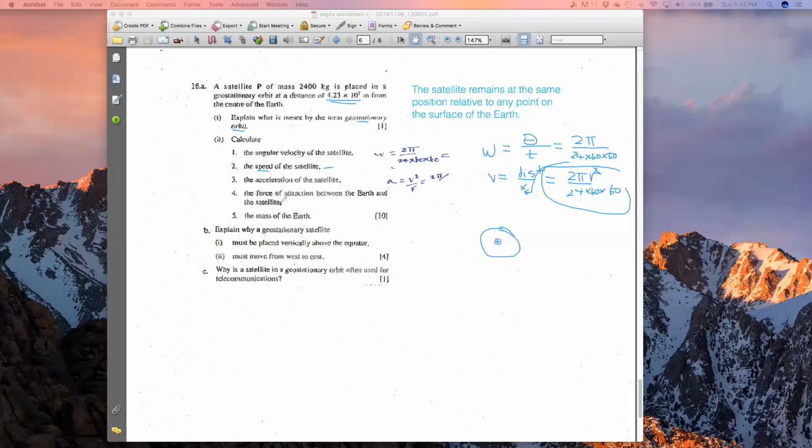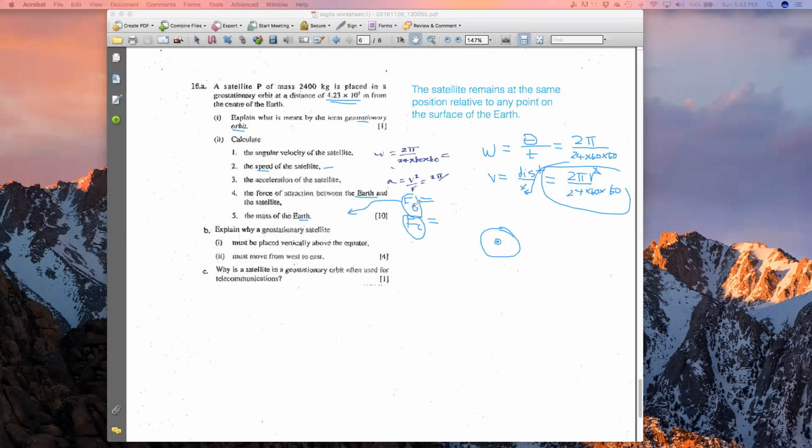The force of attraction between the Earth and the satellite is a gravitational force, right? What is holding the satellite is a gravitational force. You have the mass of the satellite. Oh, you don't have the mass of the Earth. Well, again, there are two ways you can look. It's a gravitational force, but it's also, in this case, a centripetal force. That's how you have to look at it. And in fact, using the gravitational force is how you would have found the mass of the Earth, because you equate the centripetal force to the gravitational force. So again, to find the force of attraction between the Earth and the satellite, we know Fc and Fg, centripetal and gravitational forces, are equal.